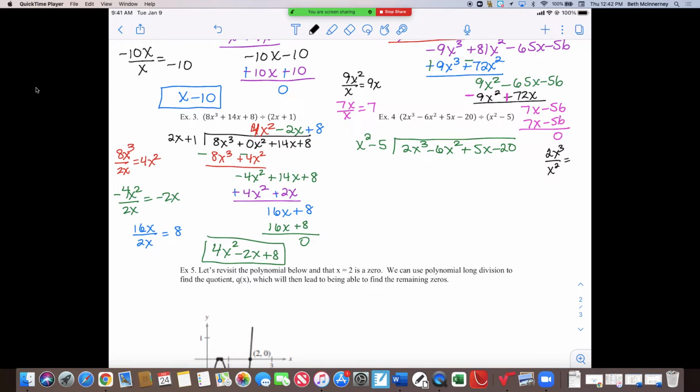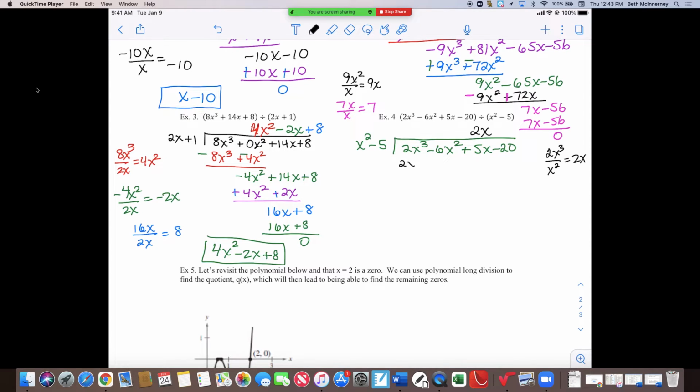So what's going to be the first thing above my division symbol? 2x. Nice job. So I'm going to put it all the way over here. Now, this one's good for two reasons. I'm going to have a remainder, and do you see my divisor had x squared minus 5? I don't need to put a 0x in there. That's the divisor. I don't need zeros in the divisor.